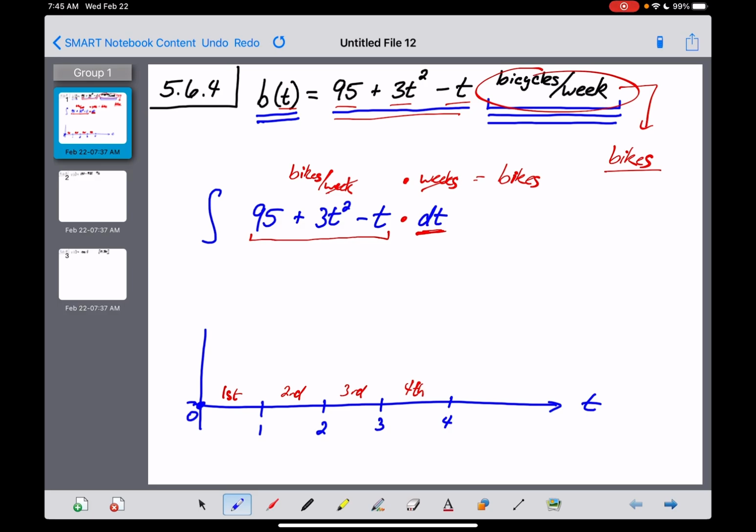We're talking about beginning our measurement at the beginning of week 2, which is at this spot over here. So we're going to use 1 as the lower limit of integration. You could read that the beginning of week 2 is really the end of week 1, and that's where we're starting to measure. And we're going until the end of week 3, and the end of our third week is right here, so 3 becomes our upper limit of integration.